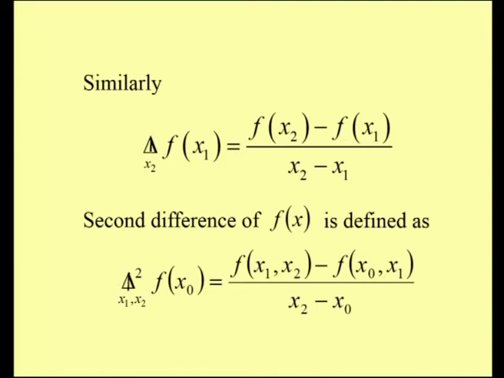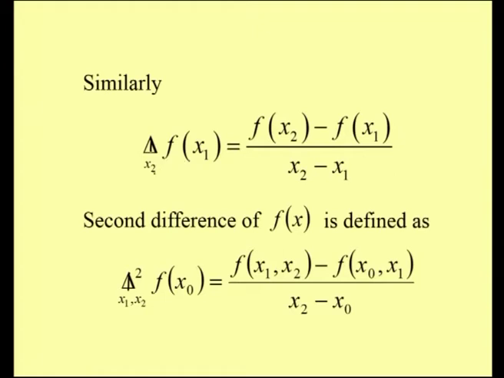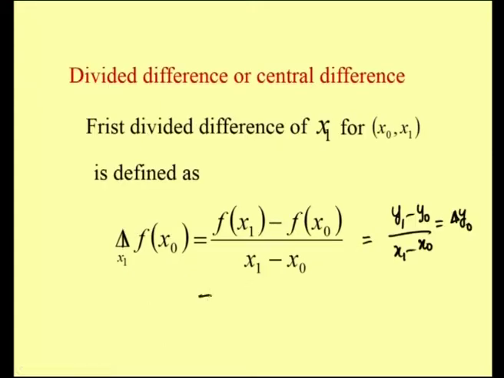Similarly, for the second one, the first difference value del f of x1 for x2 is f of x2 minus f of x1 by x2 minus x1, and the second difference is del square f of x0 for x1, x2 values: f of x1 comma x2 minus f of x0 comma x1.